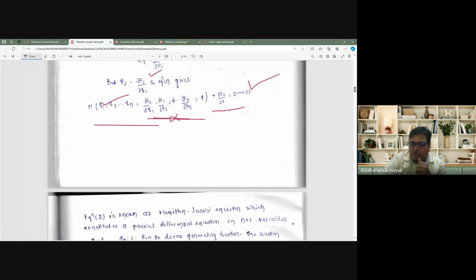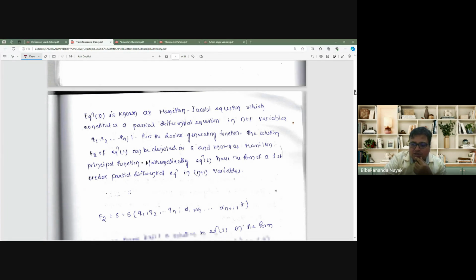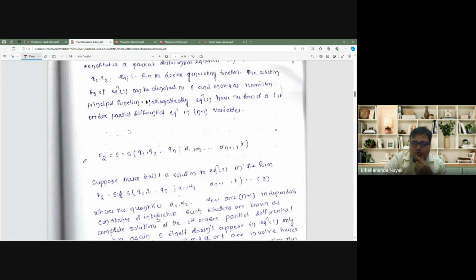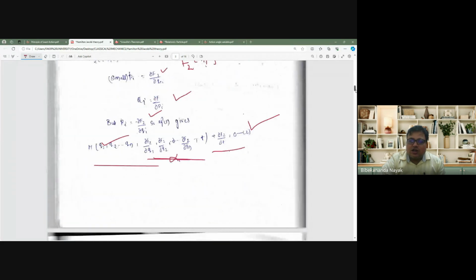This equation is a partial differential equation in n plus 1 variables. Then the solution can be denoted as S, known as Hamilton's principal function. So if we take those things constant, then we call it Hamilton's principal function. Hamilton's principal function is a function of position coordinates, where the momenta are constants.